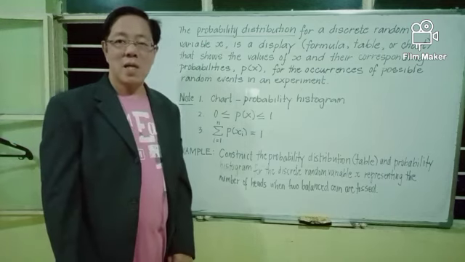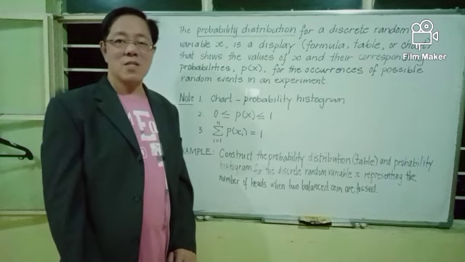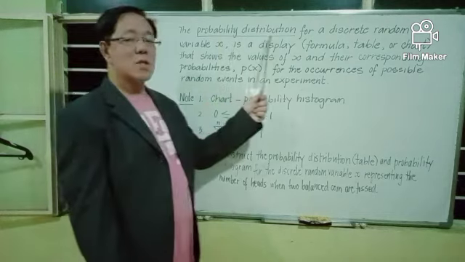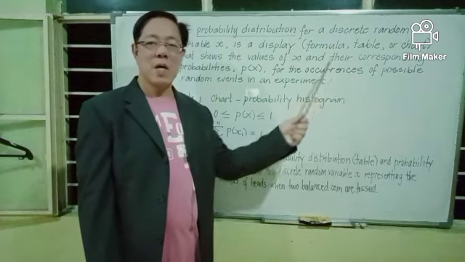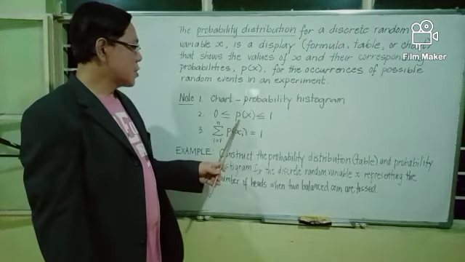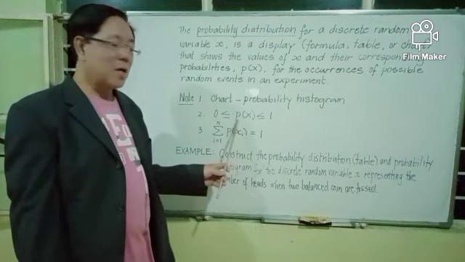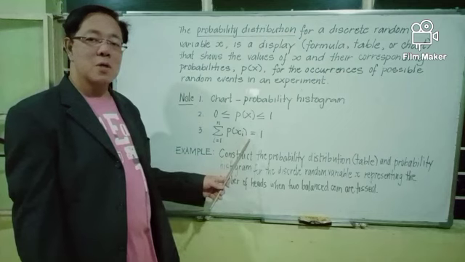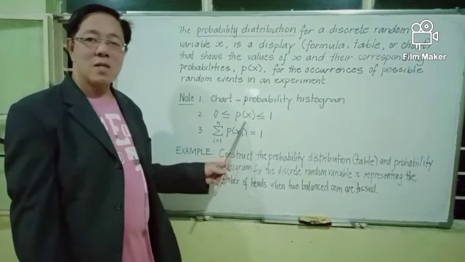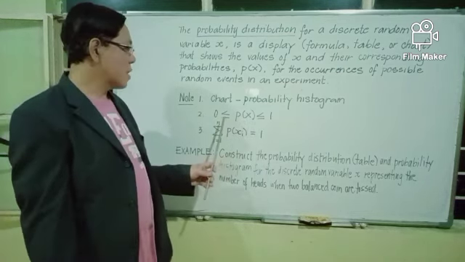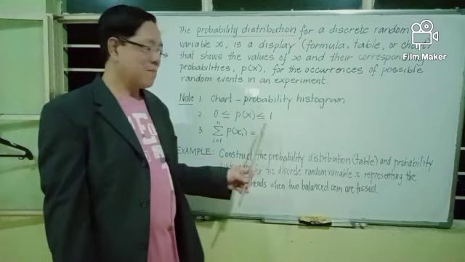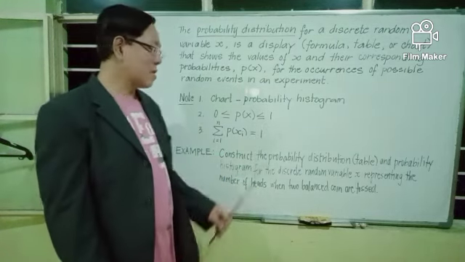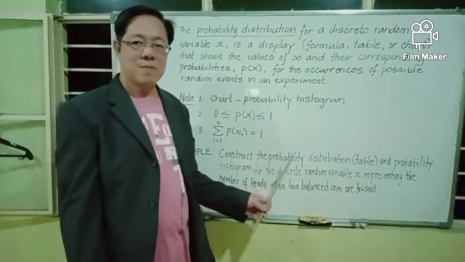If you are given a table and asked to check if it represents a probability distribution for a discrete variable x, you check if the probabilities satisfy these two conditions. The probability should be greater than 0 but less than 1. And you add up all the probabilities, and the sum should be 1.